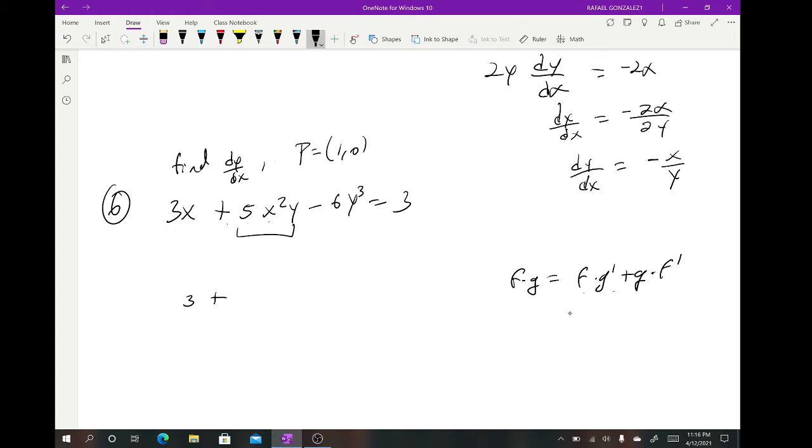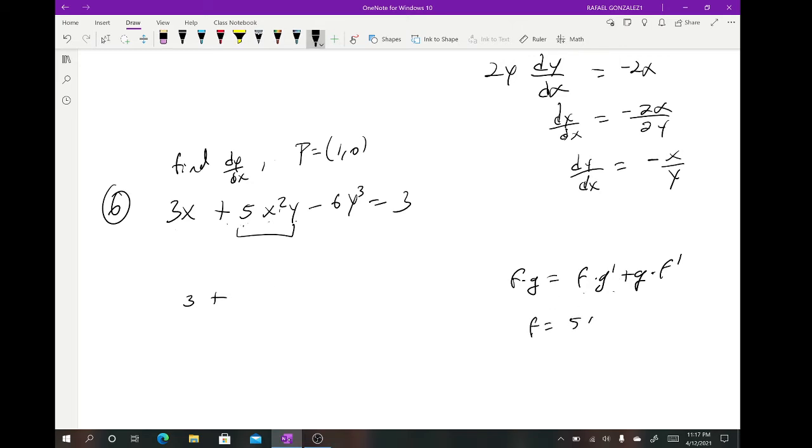So we have f times g prime. Let's say f is 5x squared. The derivative of y is 1, but because we took the derivative of y, it's going to be dy/dx. In fact, let me do it slower so you can see, so there's no question about what's going on here.